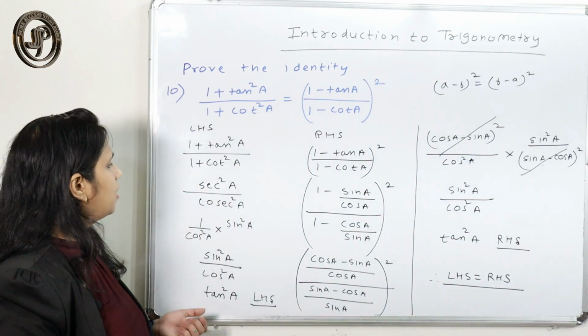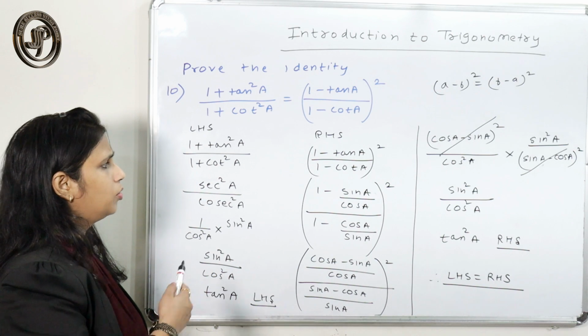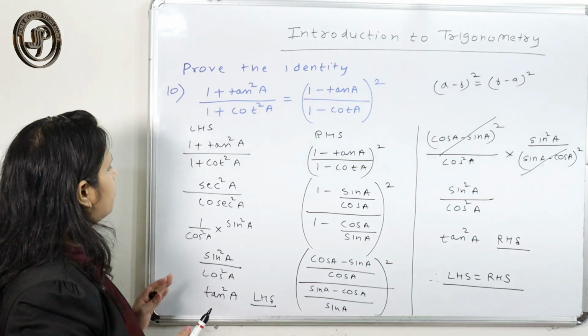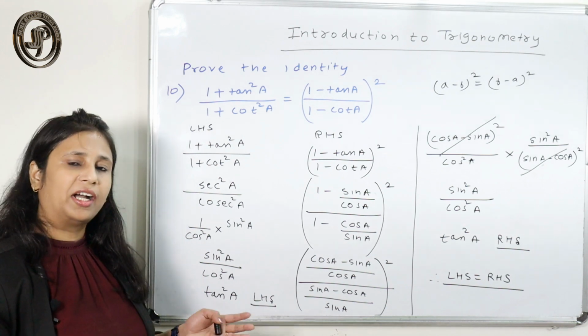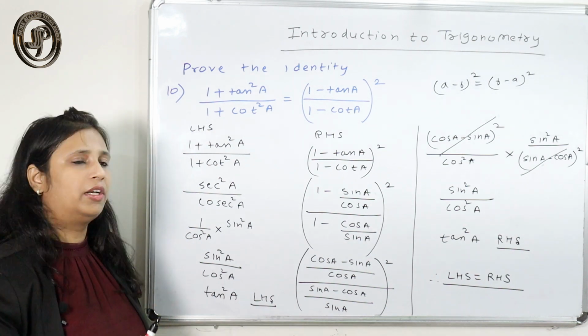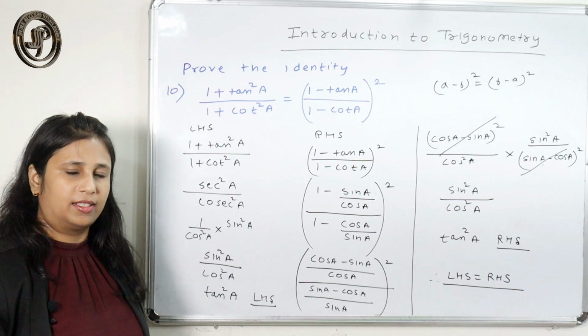So that is the special trick I have used here. I have just simplified this into sin cos form, and then converted again, and the last converted again into tan cot form.